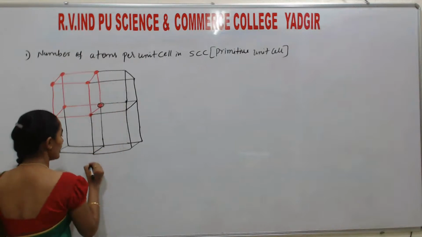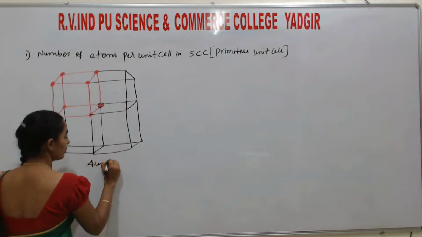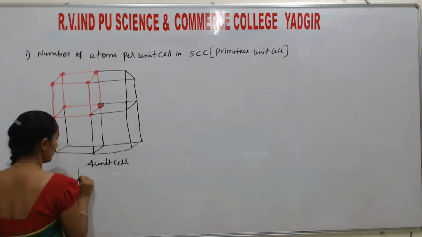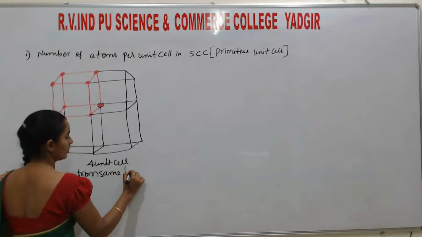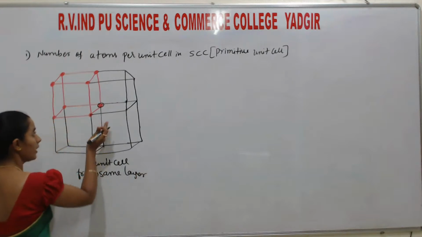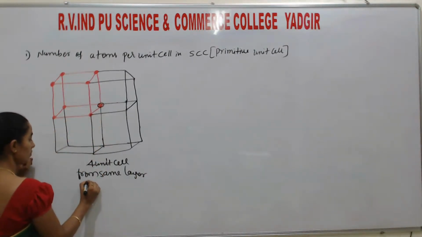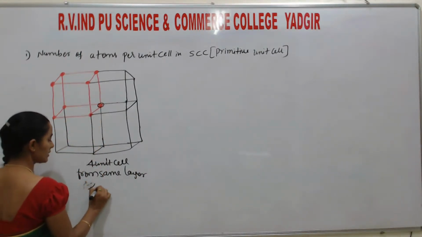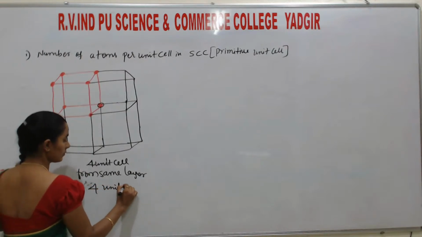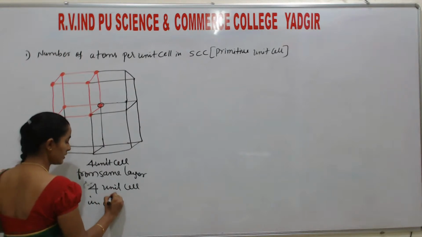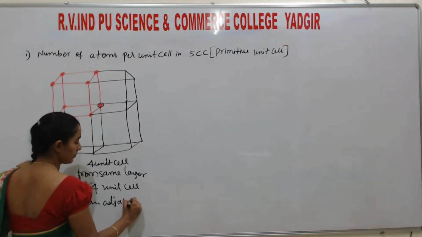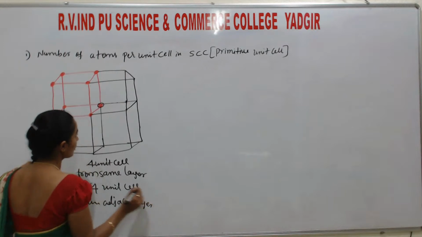Understood? So in the above layer again 4 unit cells, 4 unit cells from the same layer. Okay. Again in the backward direction, you assume 4 unit cells in the above, below or adjacent layer. Understood?